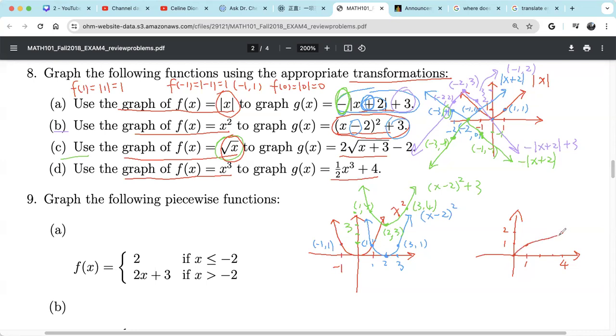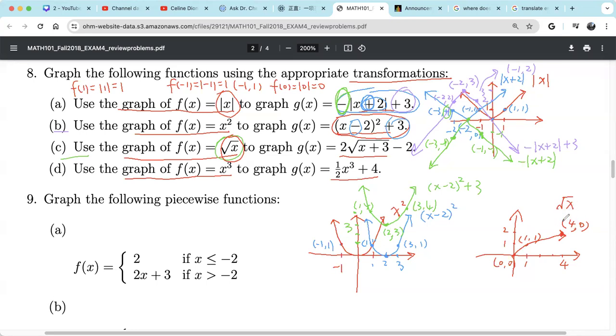Smoothly means roundish. It keeps going. So this point is 4, 2. This point is 1, 1. And of course, we have the origin 0, 0. So this is a reference graph of square root of x.